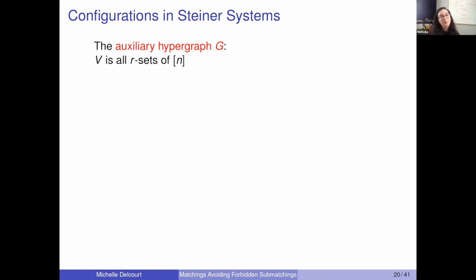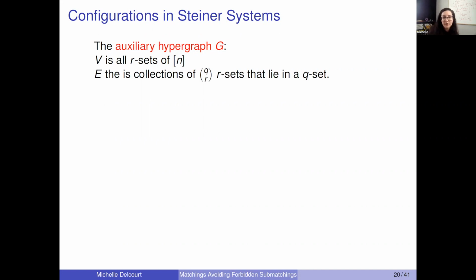So we're going to have as a vertex set all r element sets of some ground set 1 through n. We're encoding here where we would like our Steiner systems, our partial Steiner systems, to be matchings in our hypergraph G. So we're going to throw in as vertices all of our r element subsets. And for each q element subset, we are going to throw in an edge.